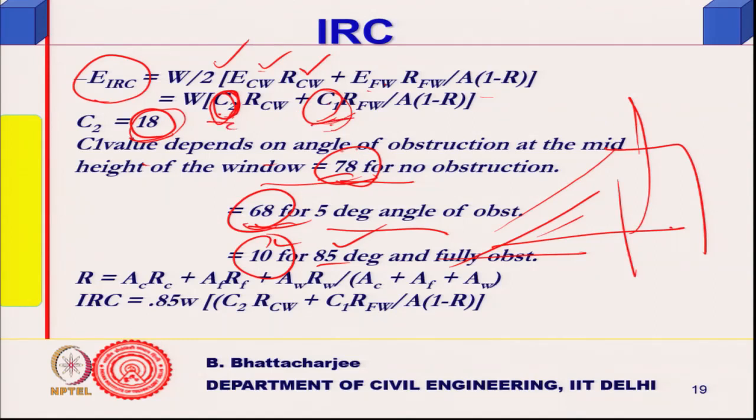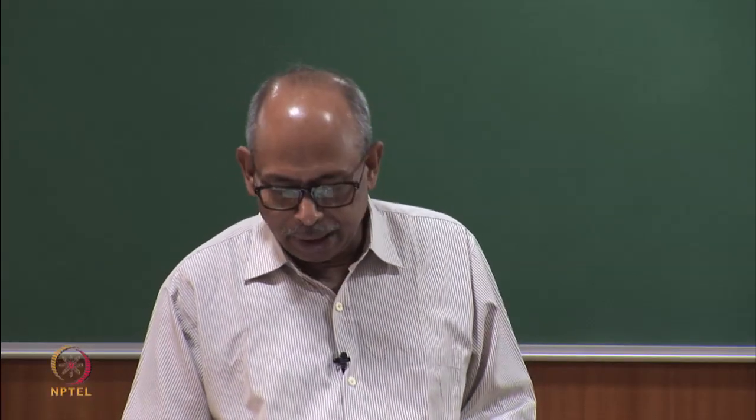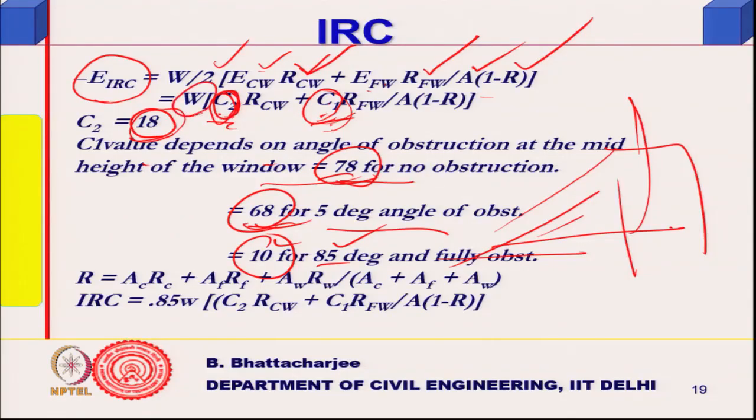So, C1 and C2, with E0 already taken into account, are how you can calculate this. What you have to do is first calculate RFW, RCW and R. A stands for the total internal surface area including the window and everything, then you have C1 and C2, and this is the window area.